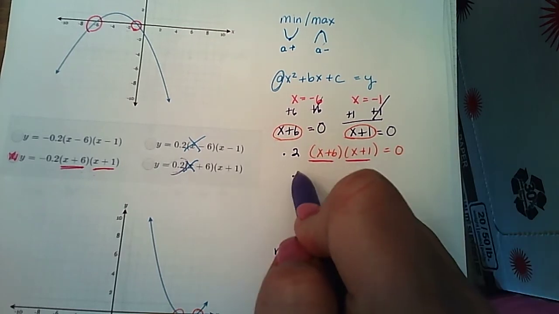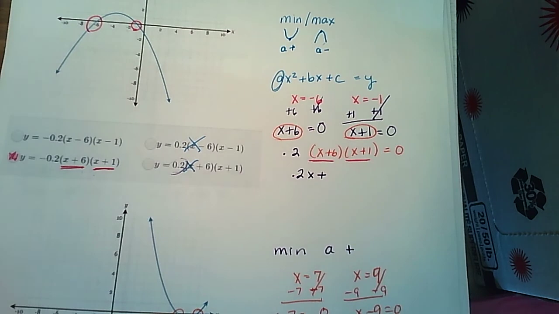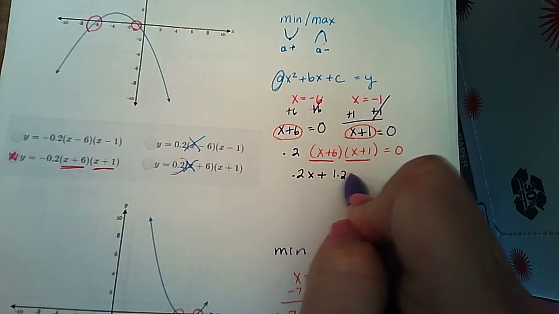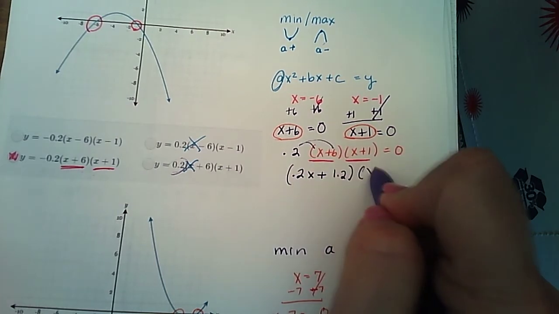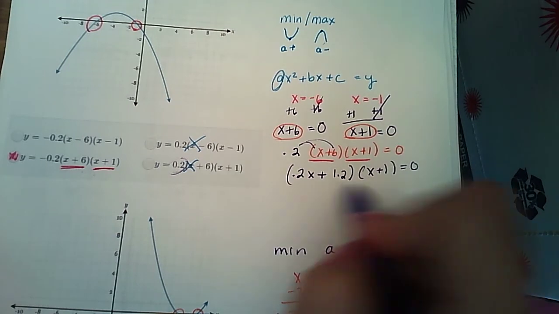So I'm going to distribute to the first piece. 0.2 times 6 gives me 1.2. That's all still together because all I did was distribute the first one. I've done nothing with this yet. Now I'm going to FOIL.